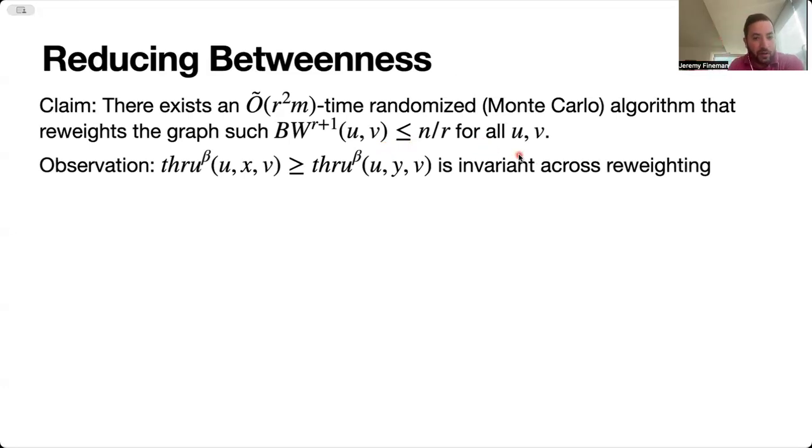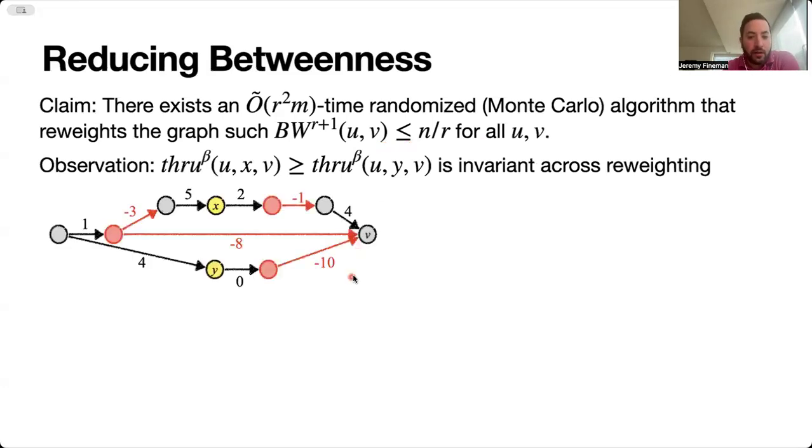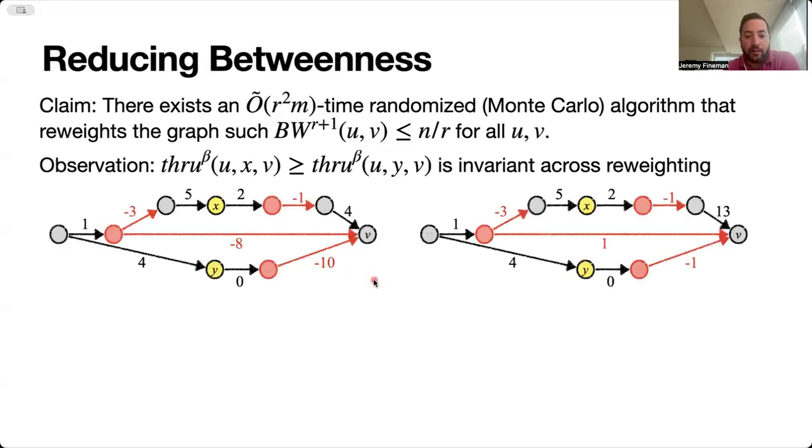Well, let me start with the observation that through distances have the same ordering across reweighting. So if the distance through X is bigger than the distance through Y before reweighting, it is also bigger after reweighting. And you can see that just by looking at the example graph.